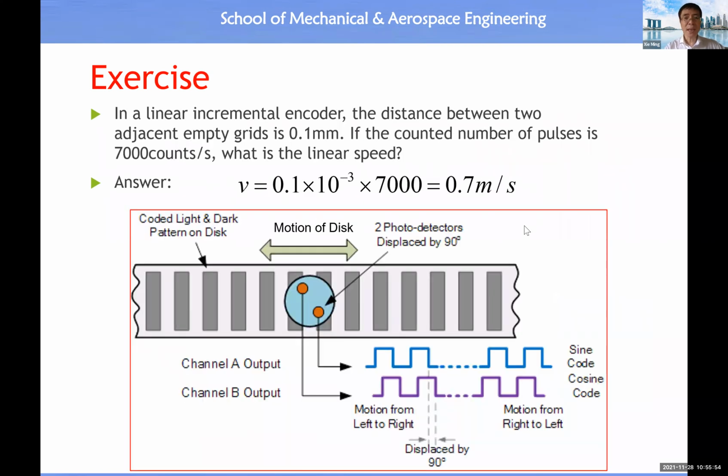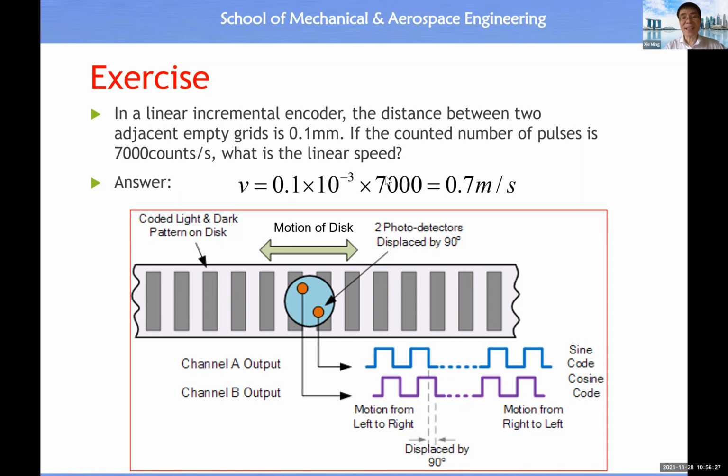All right. Okay. And then for linear motion, it's similar. Okay. So we have a linear displacement, which is 0.1 millimeter. So this is the linear displacement between two adjacent transparent patterns. Okay. And if the brain of your robot tells you that within 1 second it observes 7,000 counts, then what is the linear velocity?